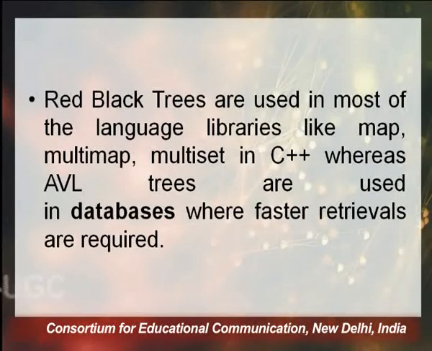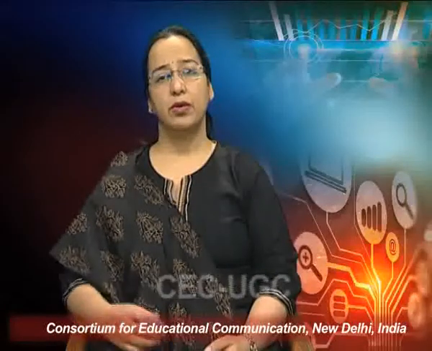For example, in C++ we have libraries like map, multimap and multiset, which use red black trees, while in real life AVL trees are more used in databases where fast retrievals are required.